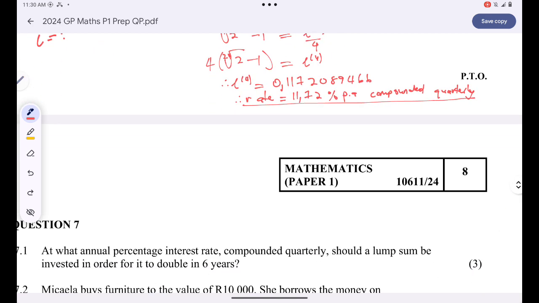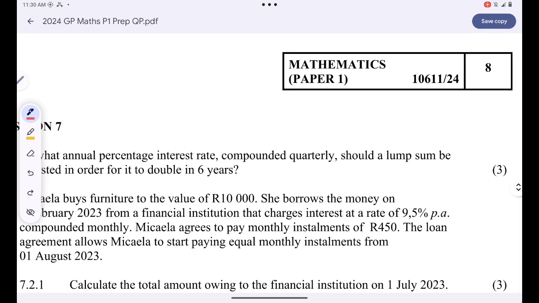So that's how you should have answered the first question. So the rate of interest is just 11.72% per annum compounded quarterly.